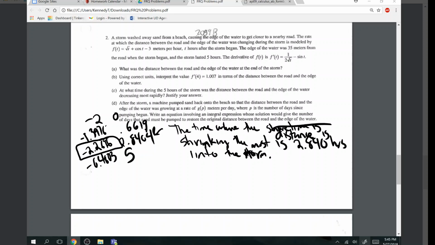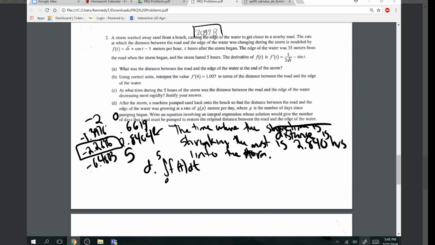All right. Last one. After the storm, a machine pumps some stuff back. The elegant way in which the answer key did this, the 2009B, that's this one, is they just said, hey, the storm knocks some junk out. So the integral from 0 to 5 of f of t dt, we solved that in A. It was like 8.505 or something like that.